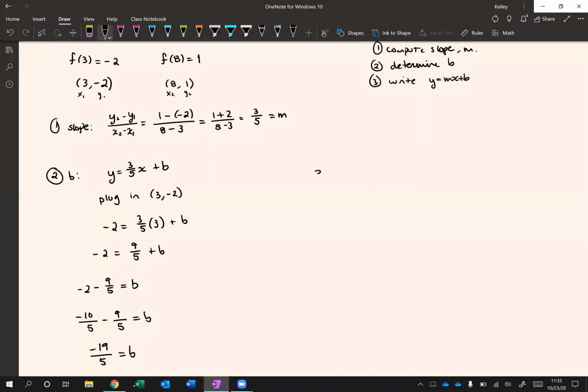And then I just put that all together: y = 3/5 x - 19/5. But again, this is talking about linear functions, so let's write that as f(x) = 3/5 x - 19/5.